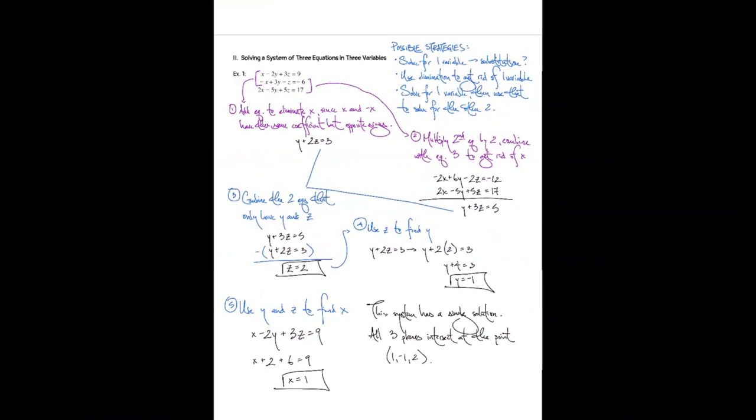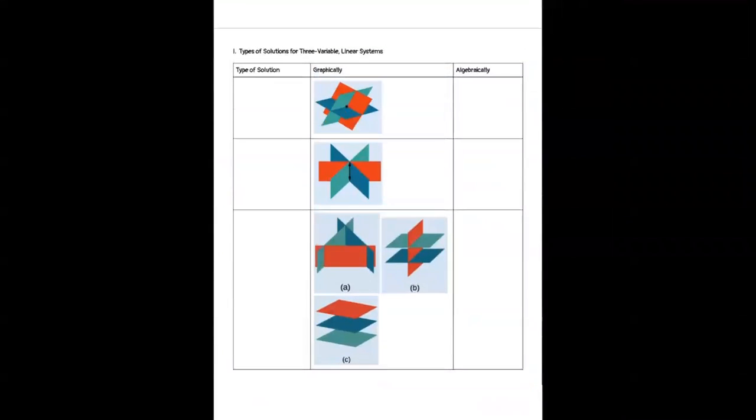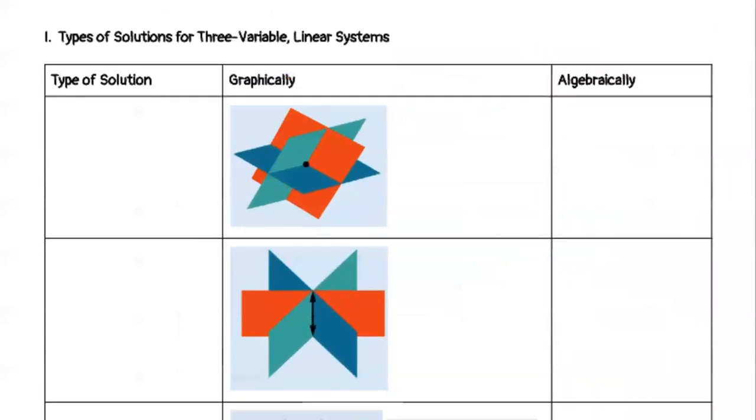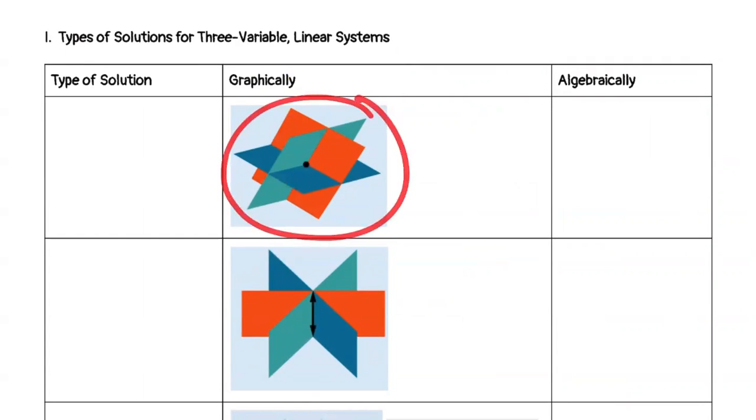And so if we go back up to this chart that I said let's not fill in yet, we've got a bunch of pictures. But what's happening, and this is why we don't usually solve these graphically, is we're drawing planes, right? Or like sheets of paper. And where do those sheets of paper intersect?